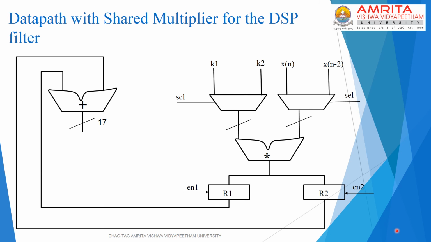So the control action basically is very simple in this case. That is, the control path is required to generate a sequence of 3 numbers: 0, 1, 0, 1, 0, 1 and 0, 0, 0. So every 3 cycles the sequence gets repeated. From this sequence it follows that the implementation of the control path will be extremely simple.